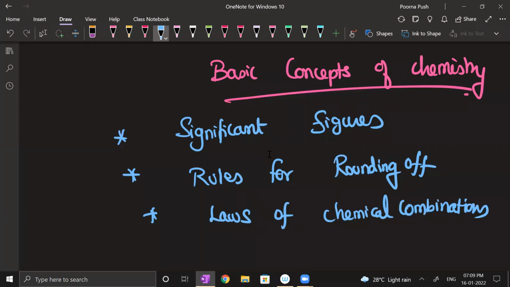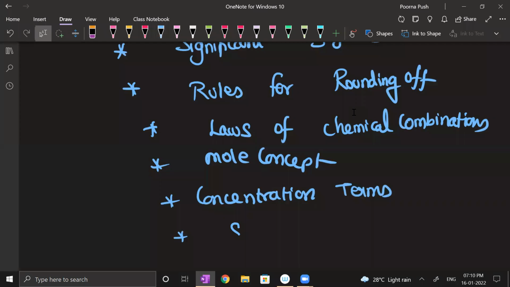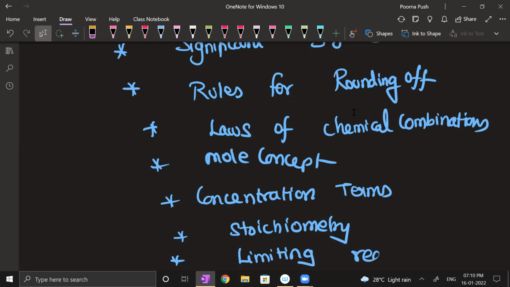Then we are going to see in detail about the mole concept. Concentration terms. Then you're going to see stoichiometry. Finally, limiting agent. These are the concepts which you're going to see in this chapter.